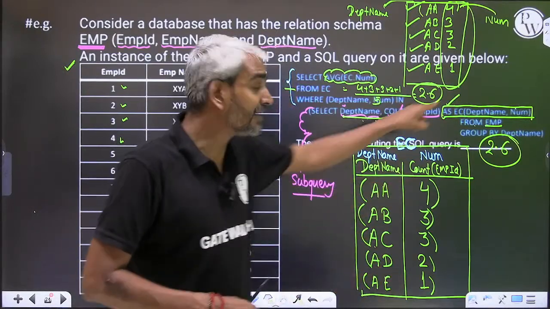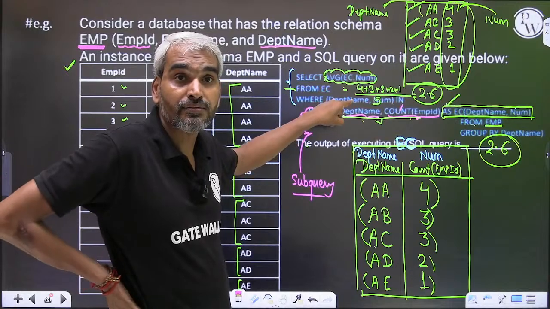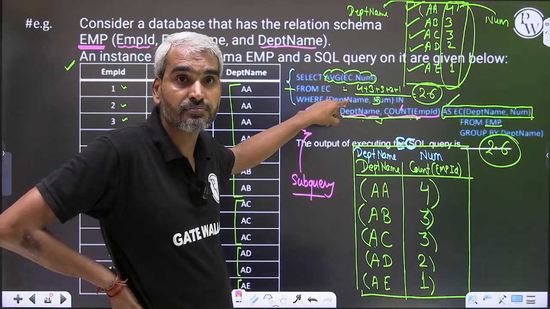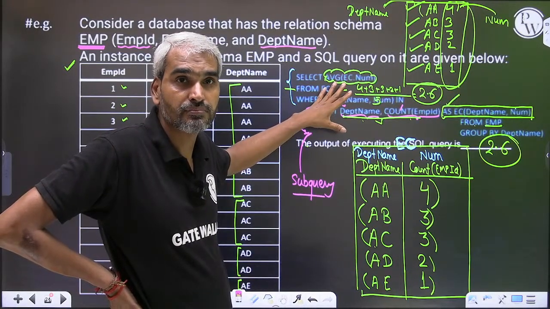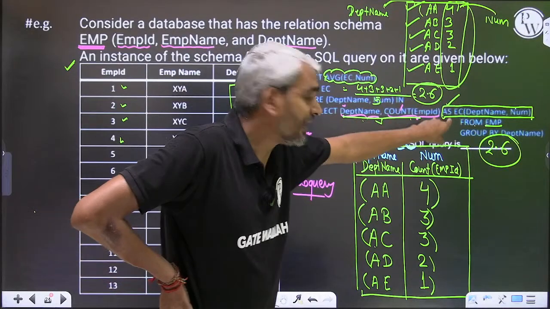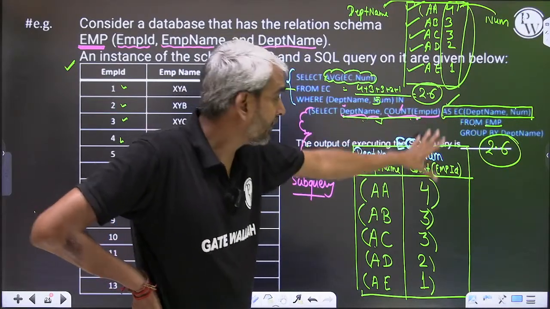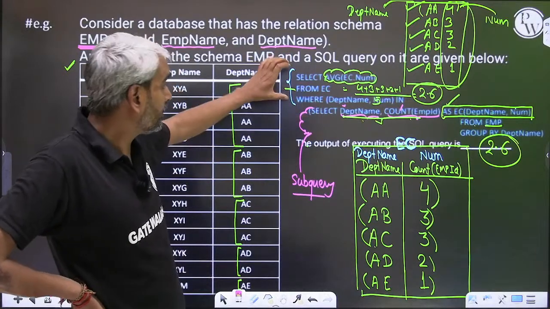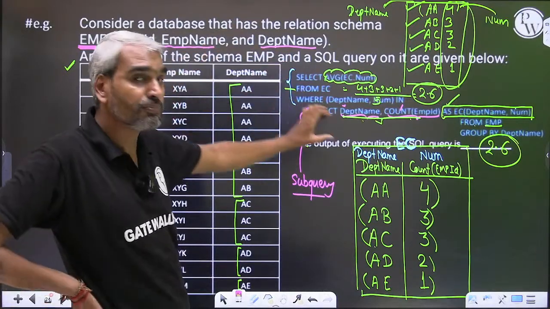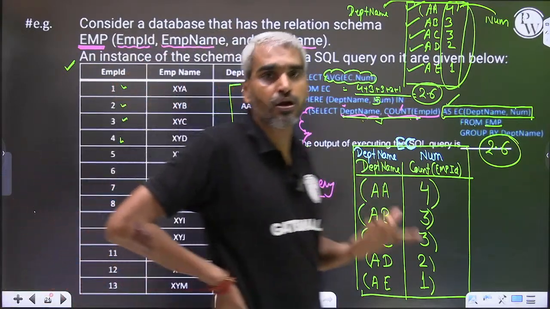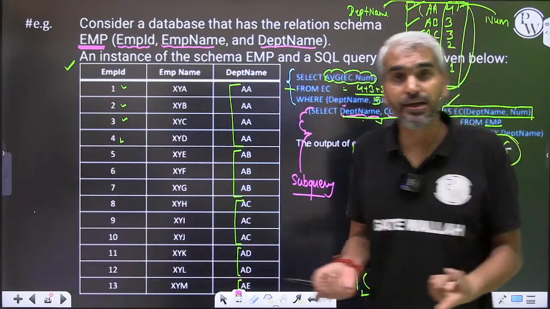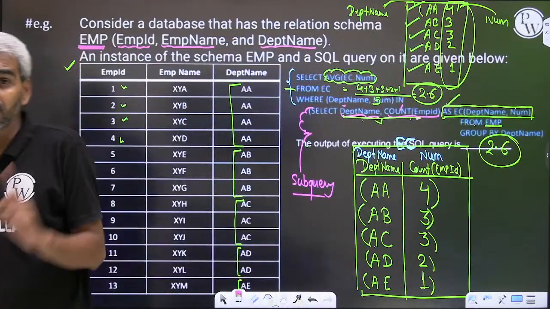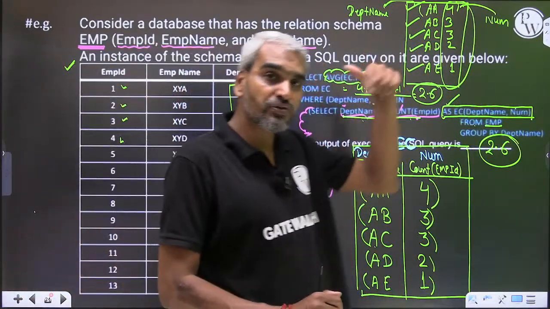If you use the as clause to provide a new name to the output of a subquery, then your main query will appear before your subquery. But if you use the with clause to provide a new name to the output of a subquery, then those subqueries will appear first.